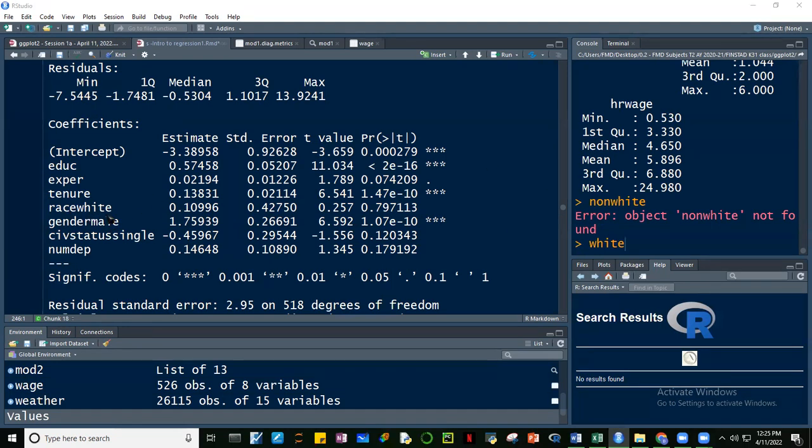Kaya sinabi na kagad dito ni R, okay, this is the figure for white and you have to reference it to your benchmark, which is non-white. Yung hindi nag-a-appear dito, ito yung medyo nuance ni R, no, guys. Yung nag-a-appear dito, hindi siya yung benchmark. Okay?